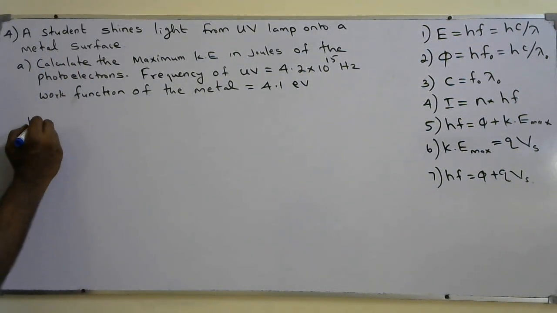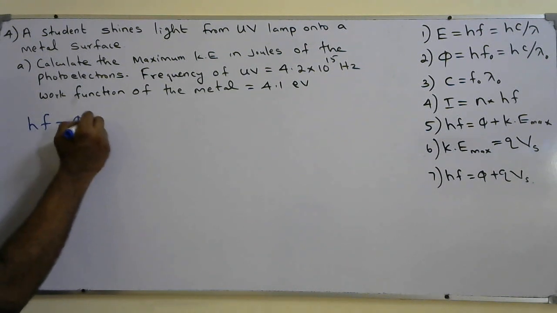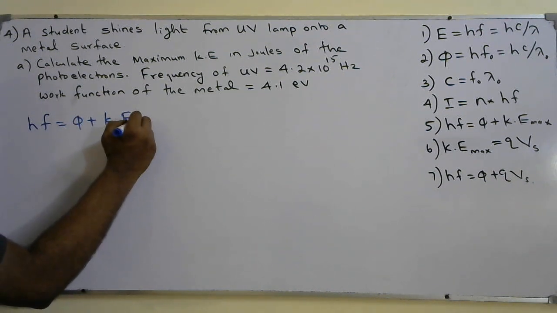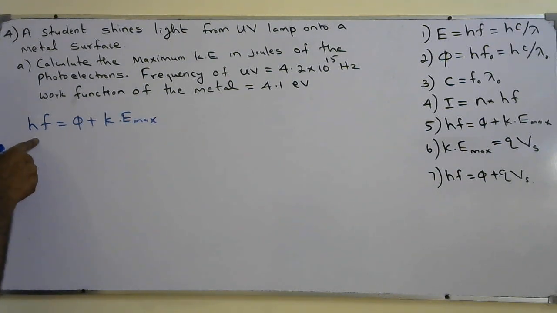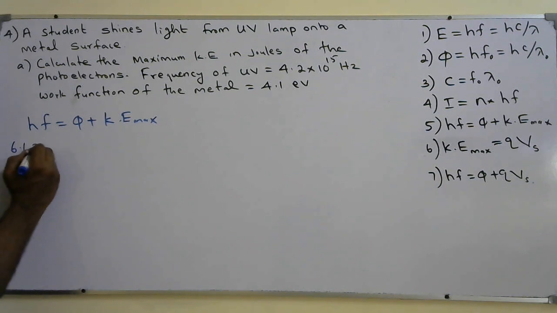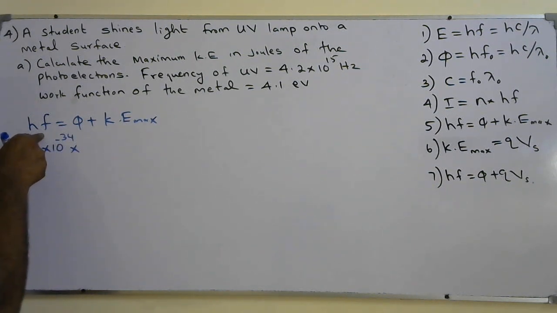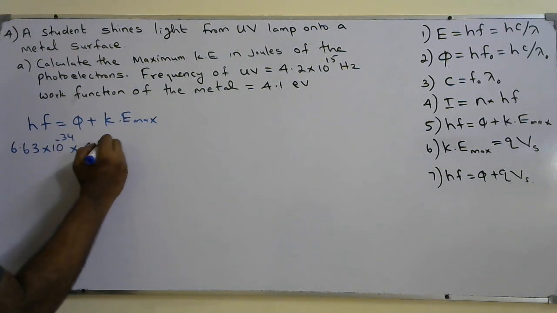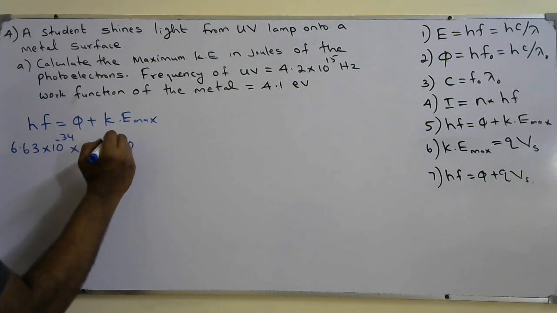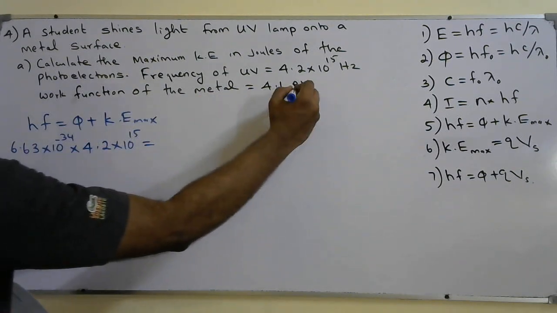This is a simple question. The frequency is given, so hf equals work function plus KE max. Frequency is given as 4.2 into 10 to the power 15, so 6.63 into 10 to the power minus 34, that is h, times 4.2 into 10 to the power 15 equals the work function given in electron volt.